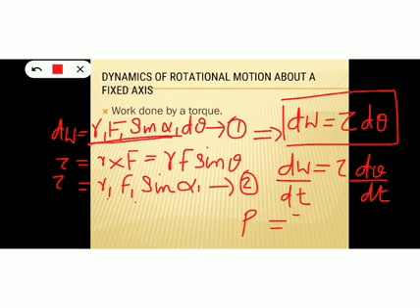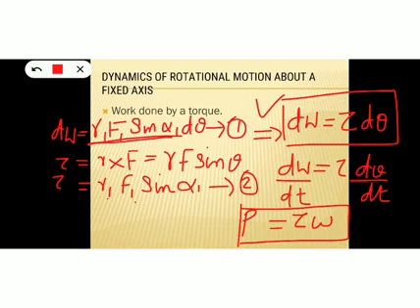What is d theta by dt? You had already learnt in the previous slides. D theta by dt is omega, angular velocity. So we will get power P equal to tau omega. This is also another expression for power, and this is the expression for power in rotational motion. So two important expressions have been discussed here.